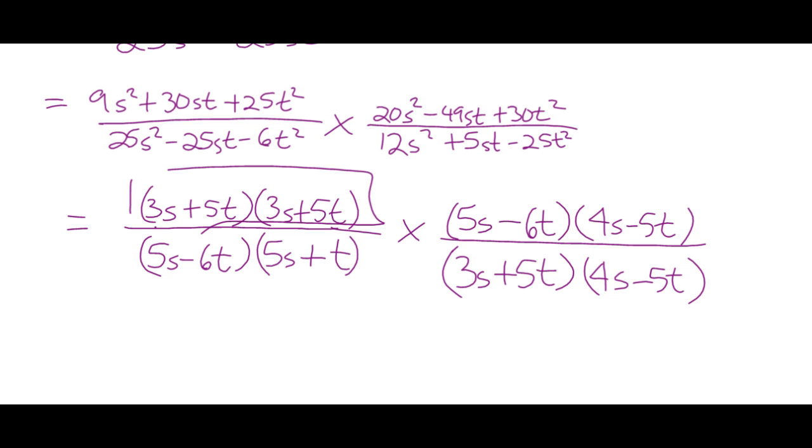We already did that one. This cannot equal 0. We already did that one. And this cannot equal 0. But they're not restrictions where we can actually say, hey, s can't be 5. It's like, s can't be 5 if t is this. So don't worry about it. We're not worrying about it this time.